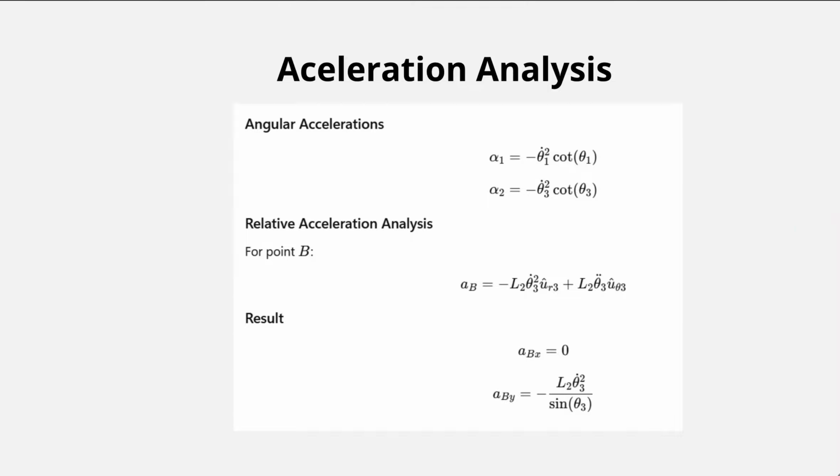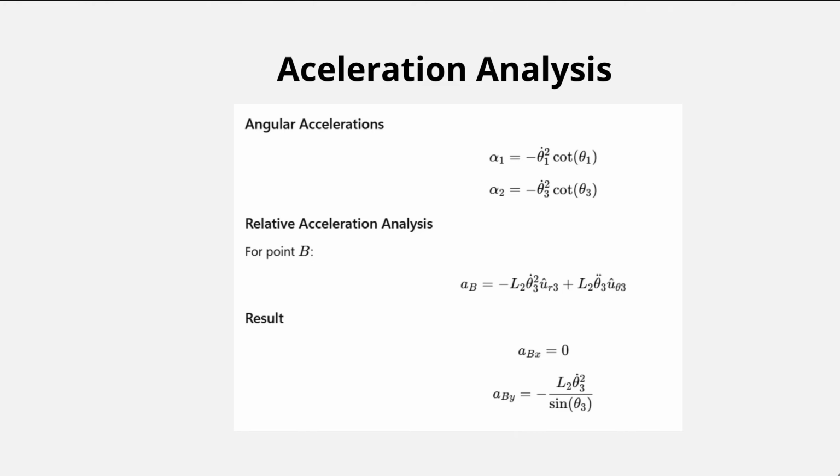So the next step was the acceleration analysis. Since the screw velocity is constant, its acceleration is zero. However, the angular velocities of the links still vary due to geometric effects. By differentiating the velocity equations and applying the chain rule, we obtain expressions for the angular accelerations of both links.